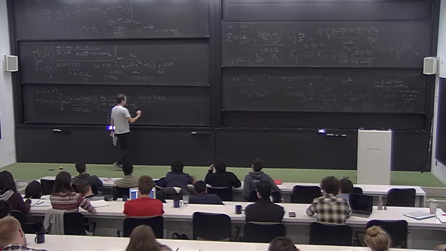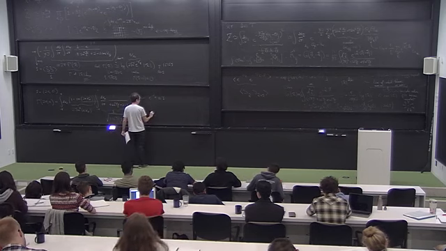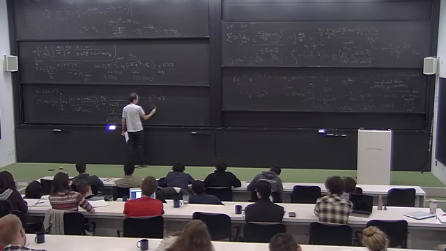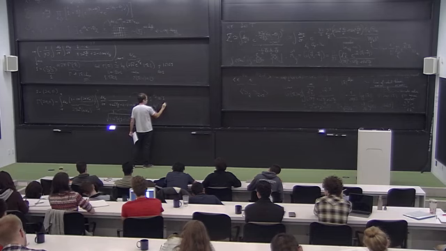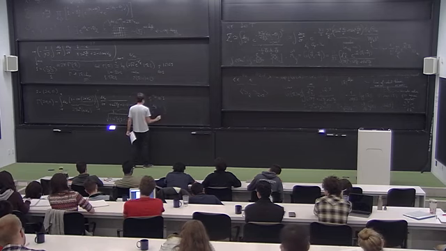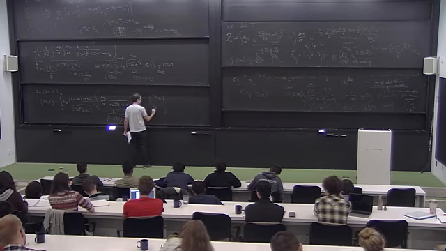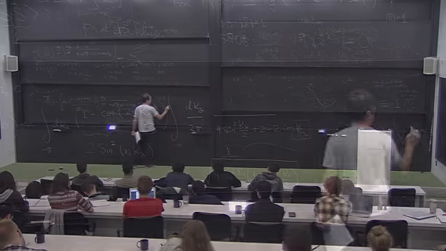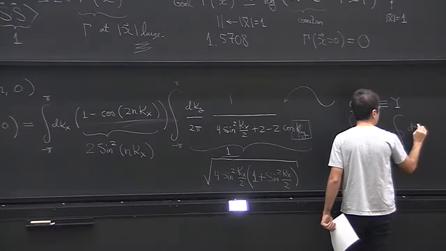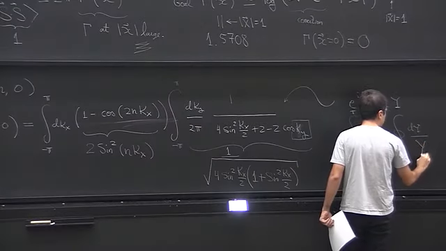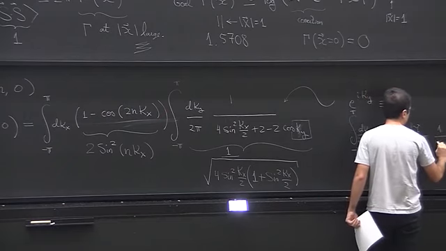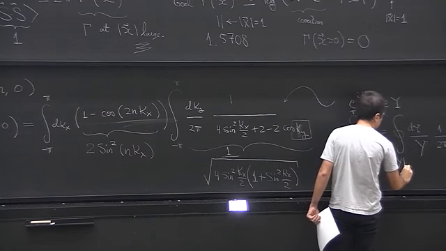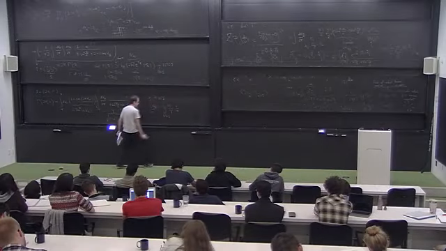And then what am I doing? The integral from minus pi to pi dky over 2 pi is just the contour integral dy over y times 1 over 2 pi i, where this contour integral is over absolute value of y equal to 1.